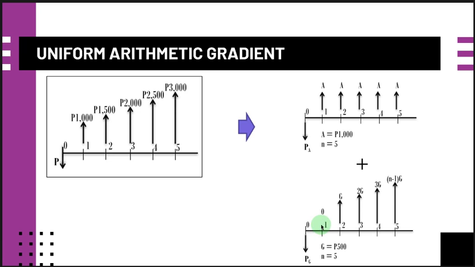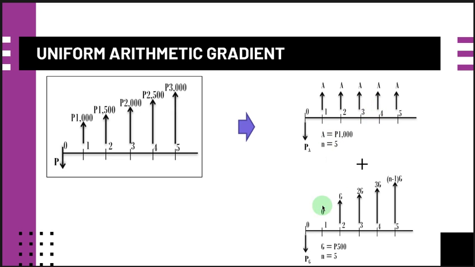So as you can see, in our first year it is 0. Our gradient is 0 because we make this 1,000 pesos our reference amount in this cash flow diagram, so that we could have an annual annuity until the final year of 5 years.